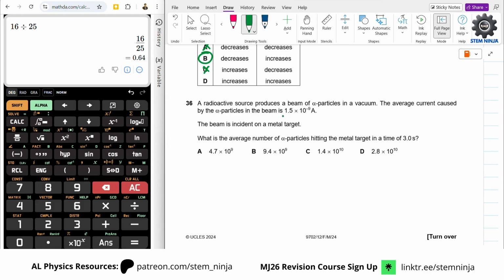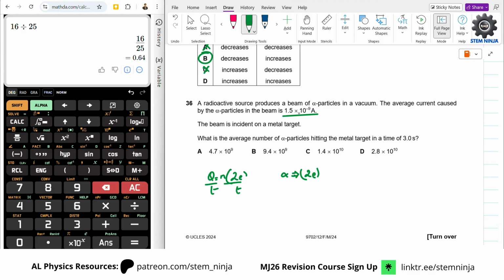Remember, Q is equal to NE, but an alpha particle has 2e charge per particle, unlike the electron, it's positive 2e. So it's actually not going to be NE, it's going to be 2e, divided by t.